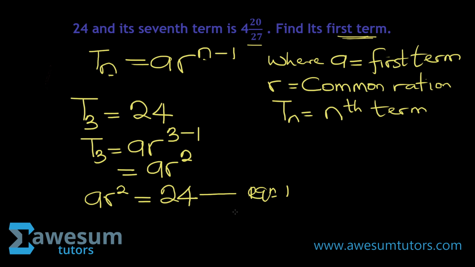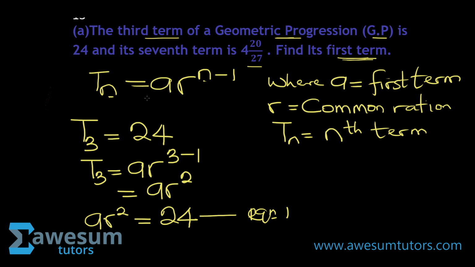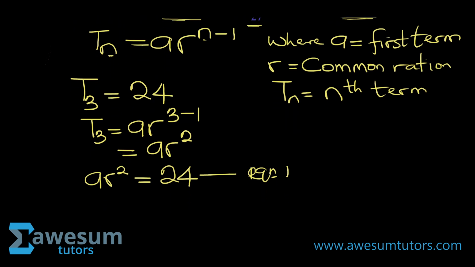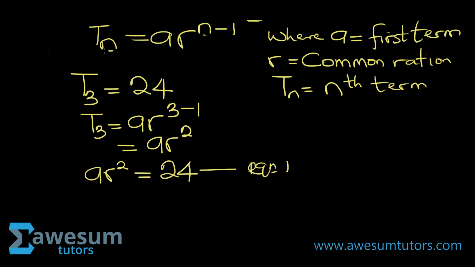Now the question goes further by saying the seventh term is 4 whole number 20 over 27. We are going to use the same approach right here for the nth term. We are going to say the seventh term, T7, is going to be A R. So now when we have Tn here, we put the n right here.